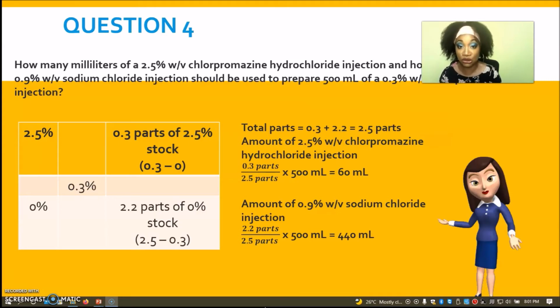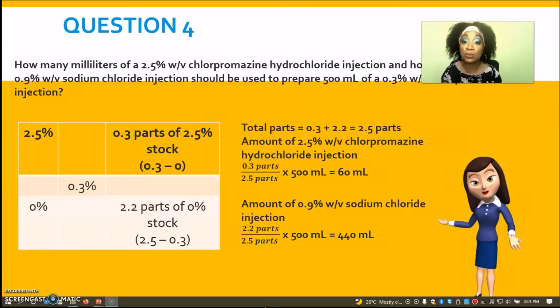As a matter of fact, it's just the vehicle, even though it has a percentage concentration of 0.9% sodium chloride stated in the question. But we must recognize what is the subject of the question. The subject of the question is we want to determine how much of these two ingredients we need to mix together to get 0.3% chlorpromazine.